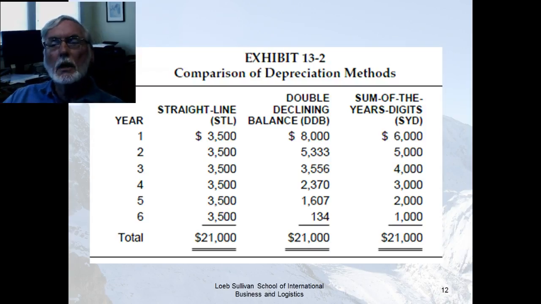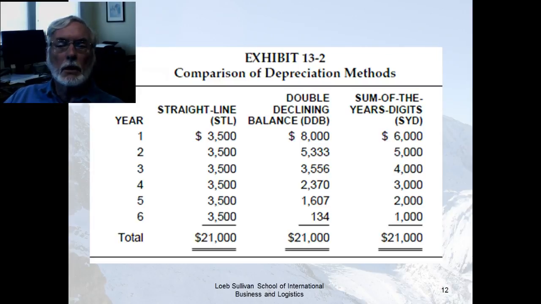So here is a comparison of accelerated methods and straight line methods. Notice that the total over the 6 years of this example is the same. We're going to allocate $21,000 of cost over 6 years. What's going to change is how much we allocate in each year.